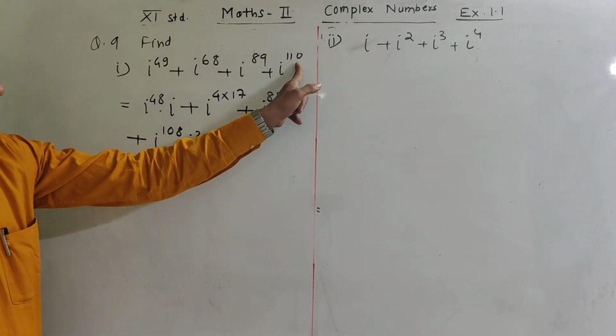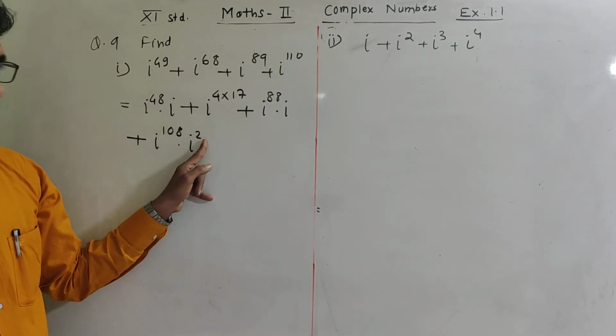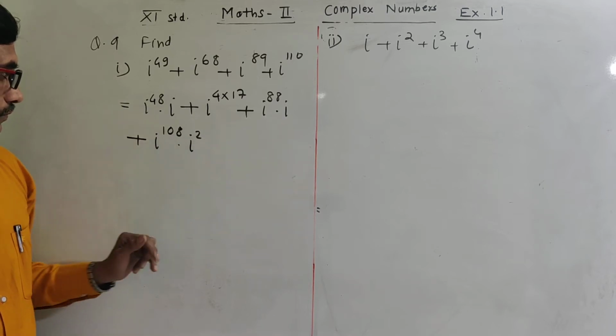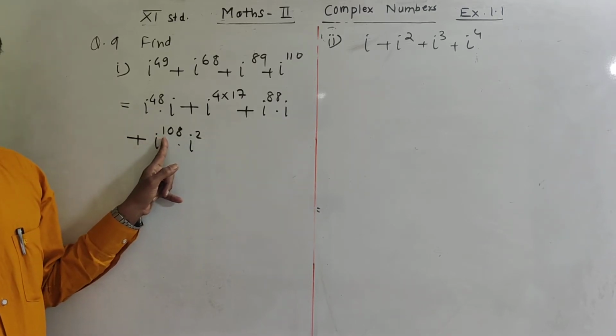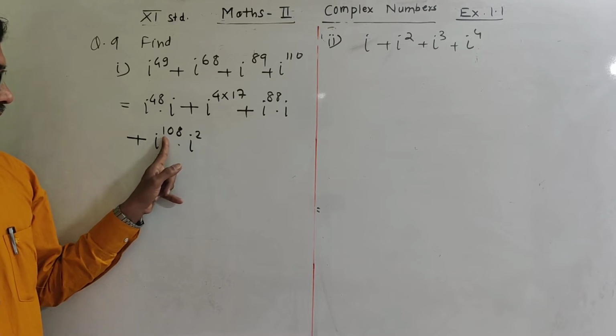So i raised to power 110 we write as 108 and i raised to power 2. That is, this will be a multiple of 4. This is a multiple of 4.